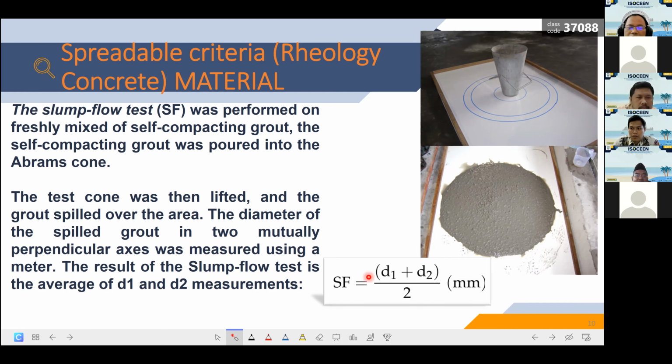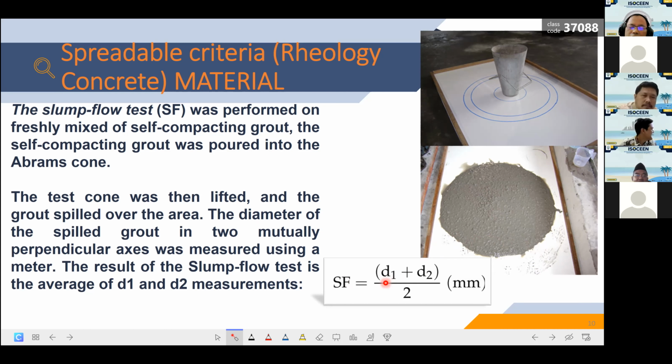This is a slump flow test that shows the spreadable criteria. We measure the longest diameter, then the lowest diameter, so we can average both.